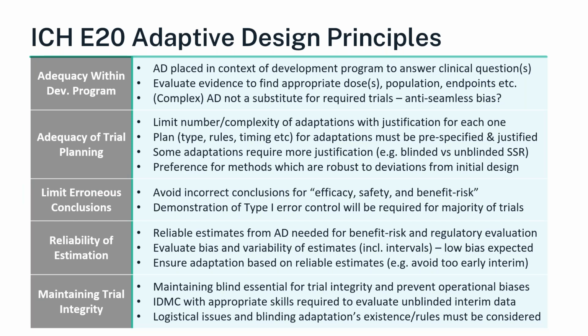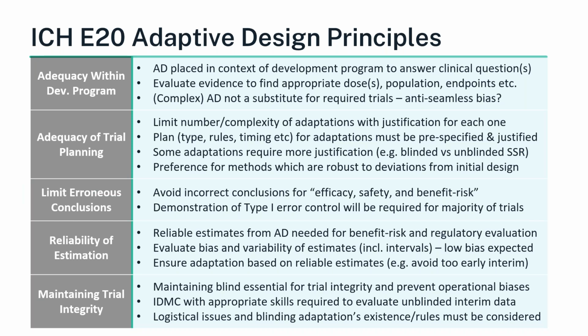It's not always made clear that the IDMC has to follow these rules rigorously, and that calls into question all of these other things, because if you base all of the erroneous conclusions and reliability on this specific plan and justifying everything here, and that can just be kind of hand waved a bit, or nudged around a bit by the IDMC separately and obviously in a blinded way, that does call into question, well then, how are you going to ensure that those type 1 considerations, etc., are going to be kept for a trial design that's close to but not quite the same as what was initially planned.